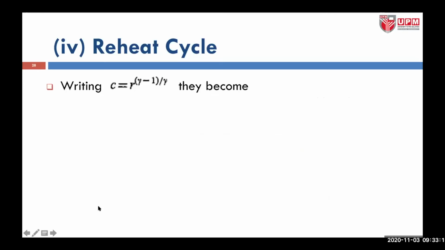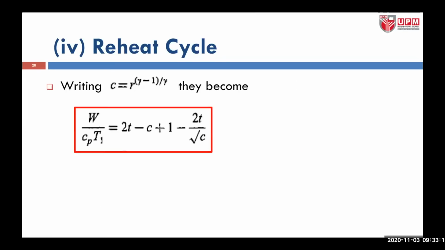So now we rewrite the expressions, and they become as this. Where we introduce small c as the pressure ratio to the power of specific heat ratio minus 1 divided by specific heat ratio.